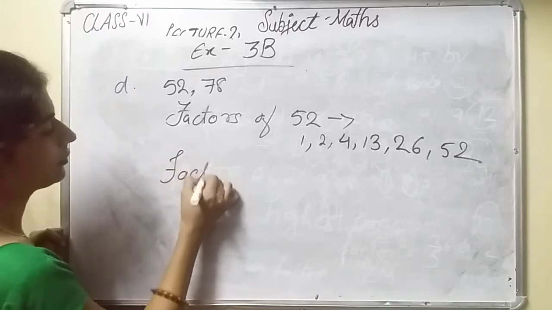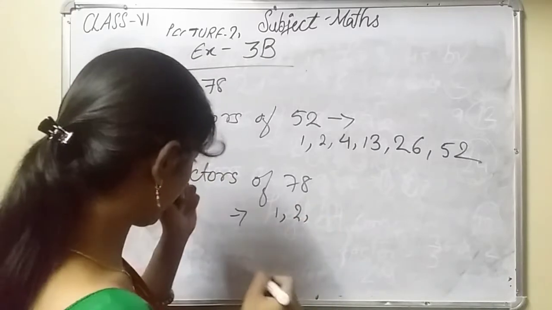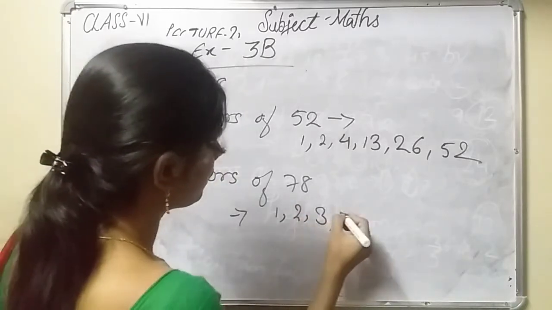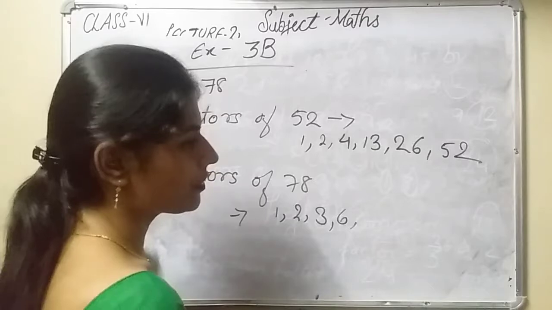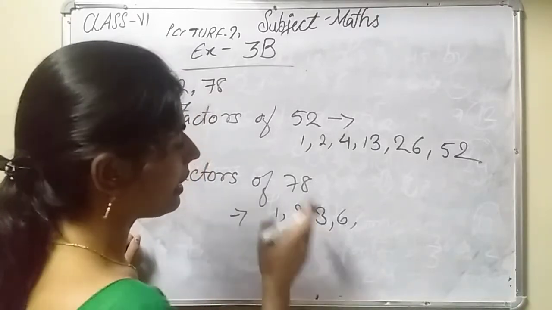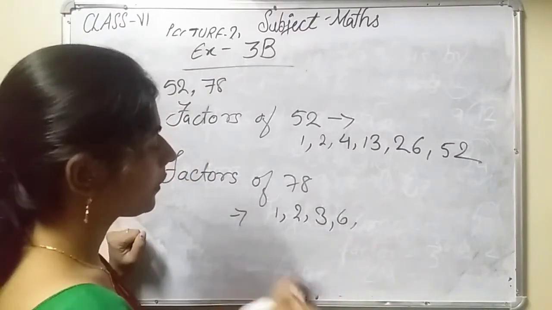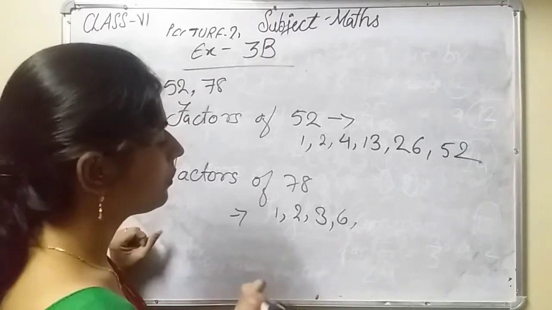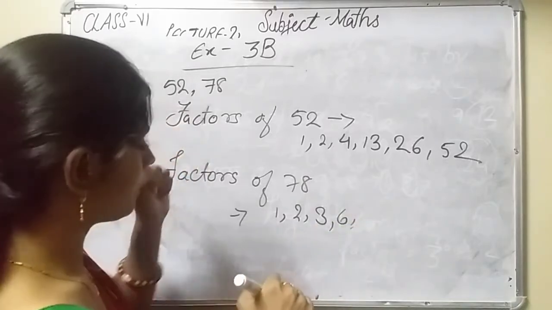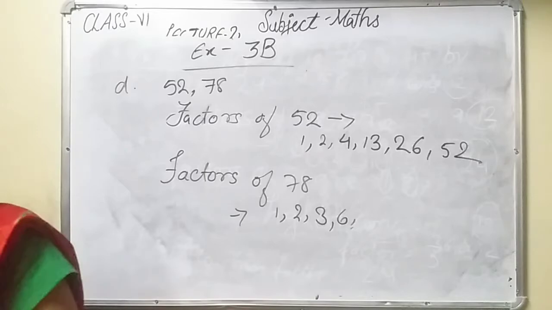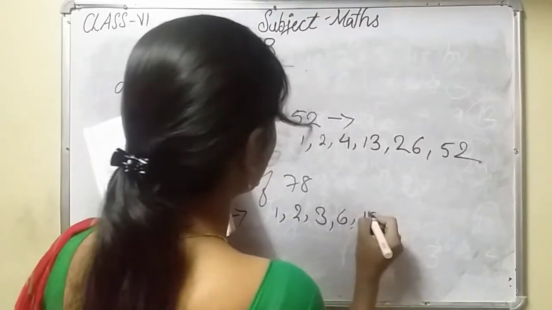Now factors of 78. 1, 2, 3, 4 is not there, 5 is not there, 6 is there, 7 is not there, 9 is not there, 8 is not there, 10 no, 11 no, 12 no, 13 is there.